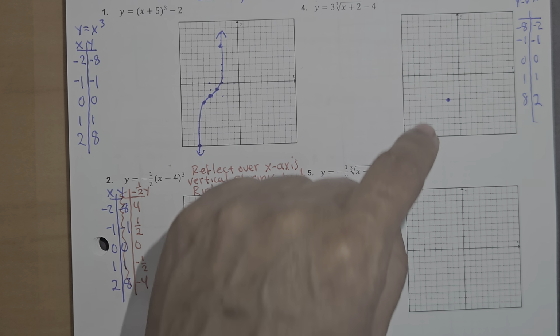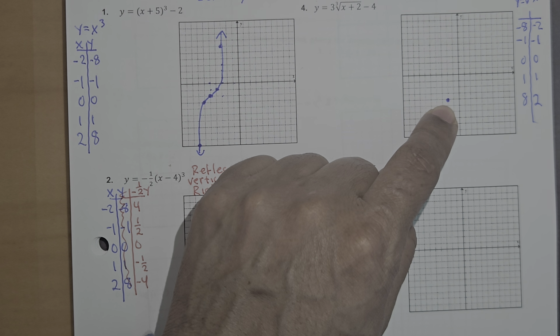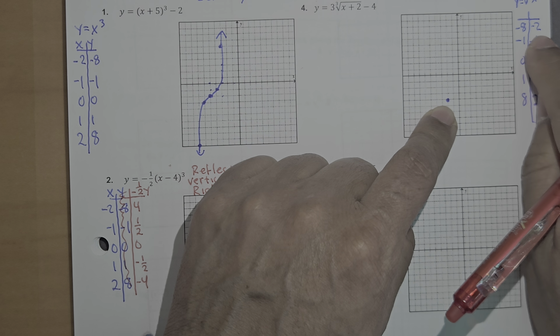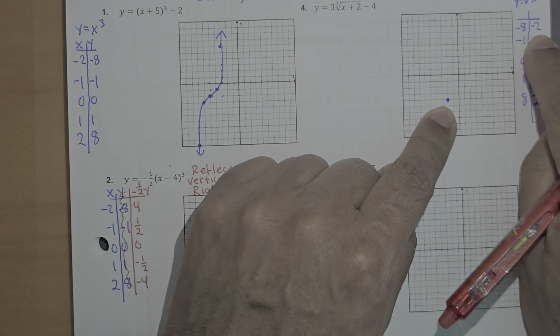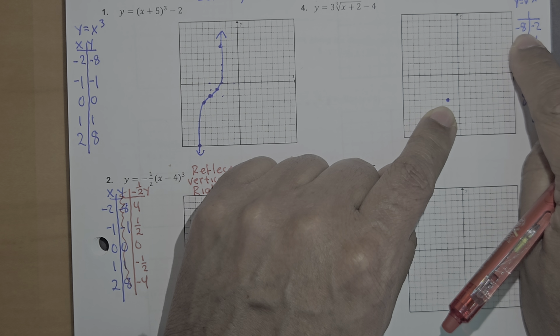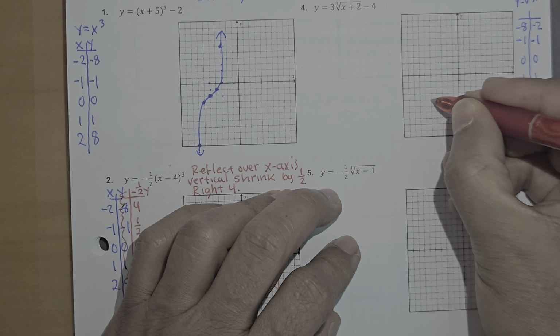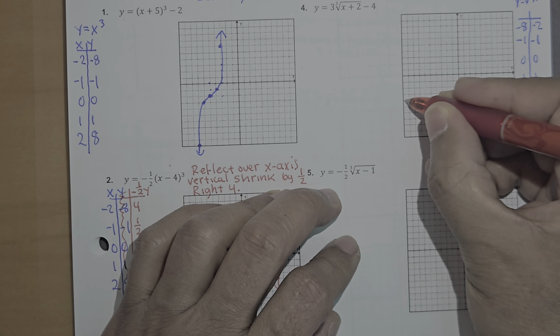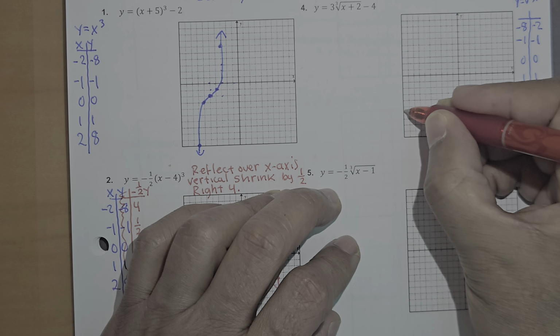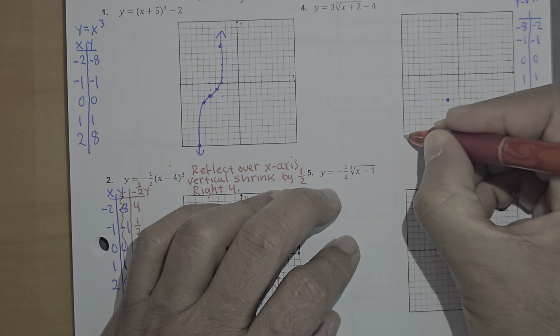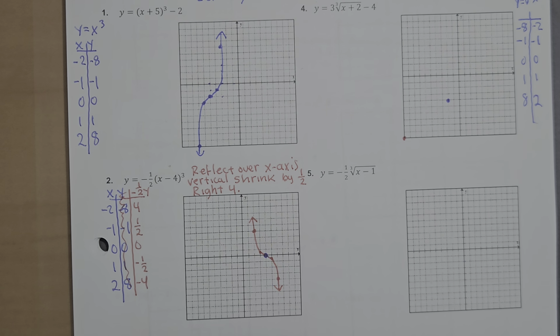What I need to do is take the y values and multiply them by 3. So if I multiply this negative 2 times 3, that gives me negative 6. So if I go left 8, I'm going down 6. So left 1, 2, 3, 4, 5, 6, 7, 8, down 1, 2, 3, 4, 5, and 6.